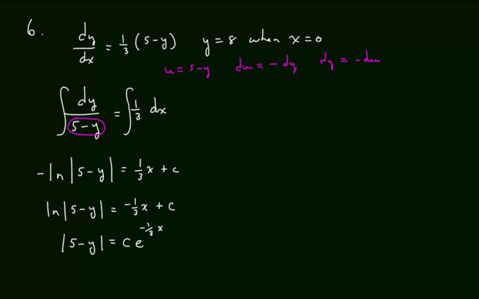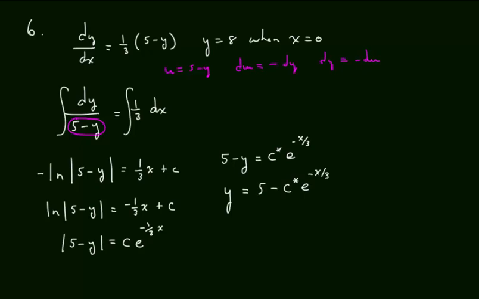Get rid of the absolute value. 5 minus y equals c star e to the negative x over 3. I'm going to solve for y, so now y equals 5 minus c star e to the negative x over 3.